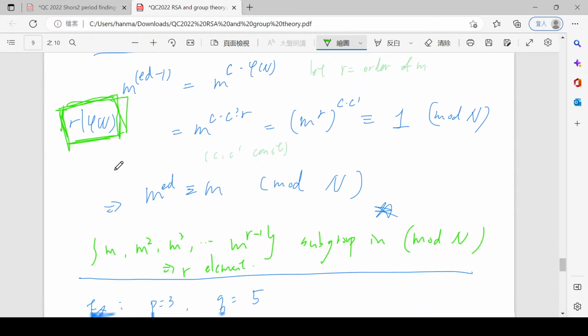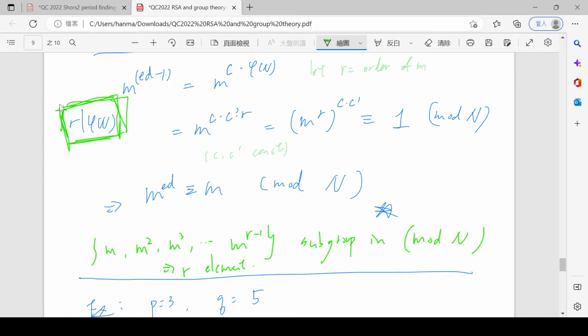And we know phi n is the order of the whole mod n group. And now this subgroup generated by m, this exponentiating subgroup, has R elements.